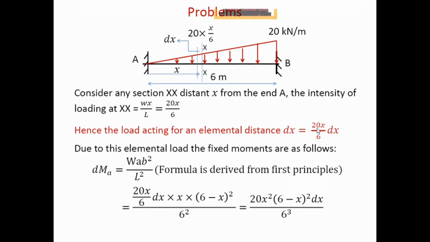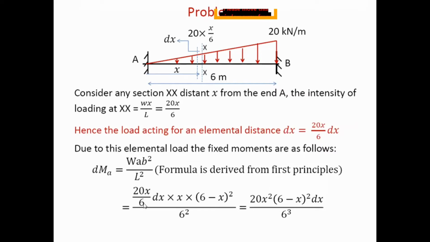Now when there is a point load acting eccentrically on a fixed beam, in that case we have our fixed moment equation as W A B square upon L square for fixed moment on support A, and W A square B by L square for fixed moment on support B. So we already know this equation from first principles. Now this is a partial moment because W is a partial load, 20x dx upon 6.